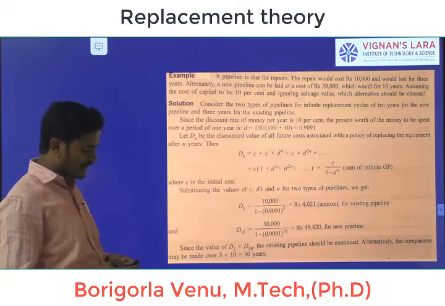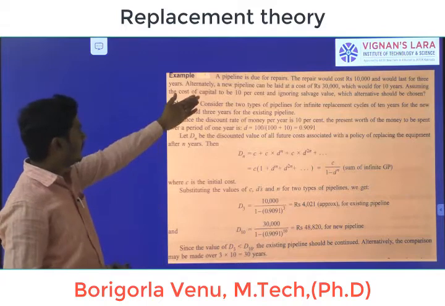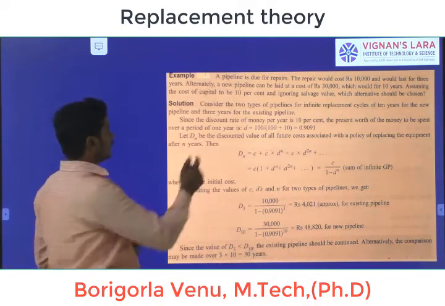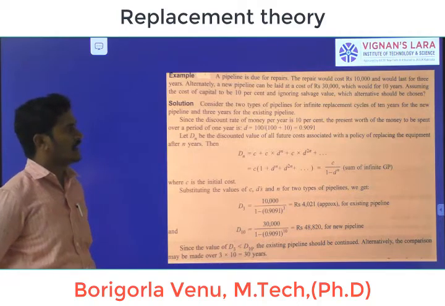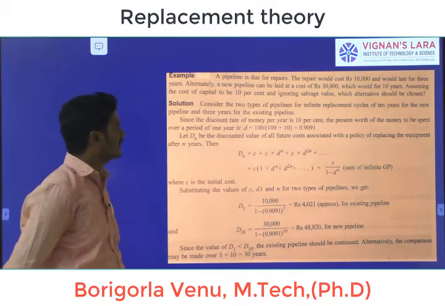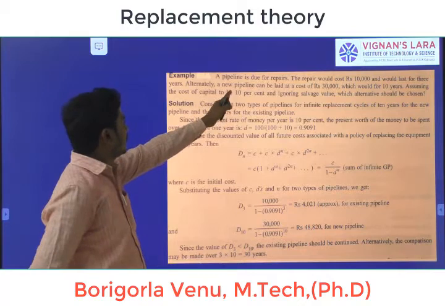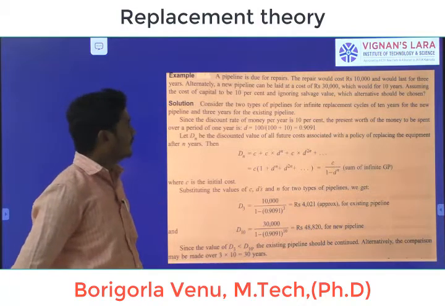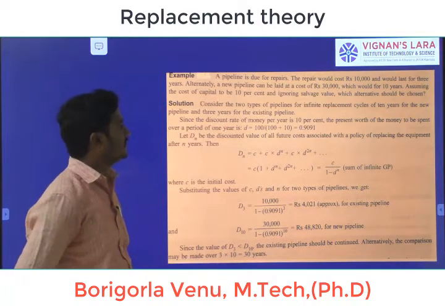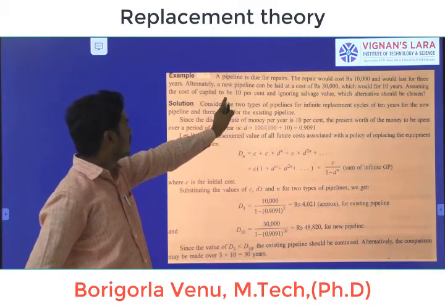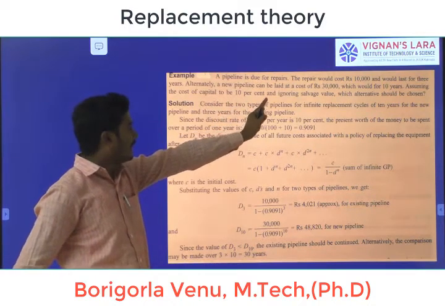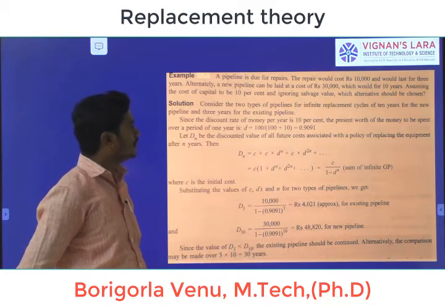Next, coming to another example. Here a pipeline is due for repairs. The repair would cost rupees 10,000 and would last for 3 years. Alternatively, a new pipeline can be laid at a cost of 30,000, which would last for 10 years, assuming the capital cost to be 10% and ignoring salvage value.